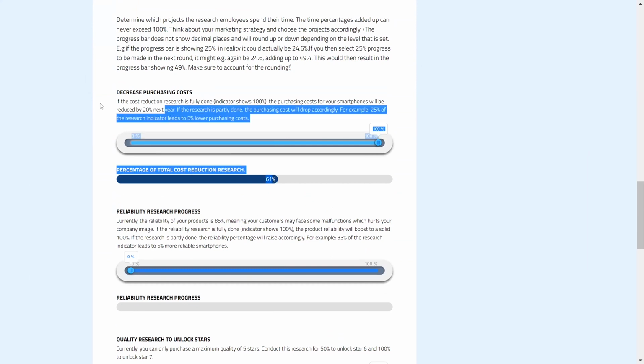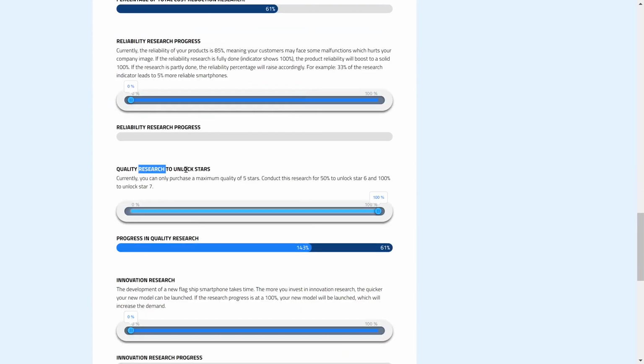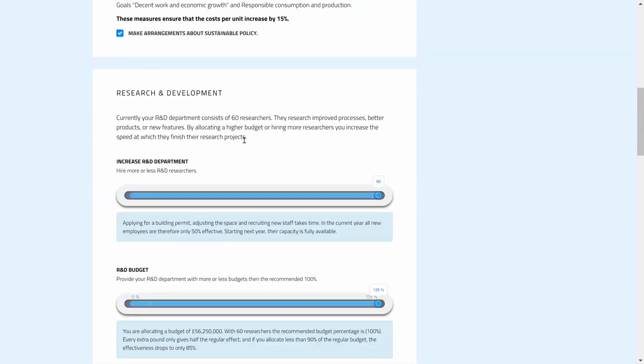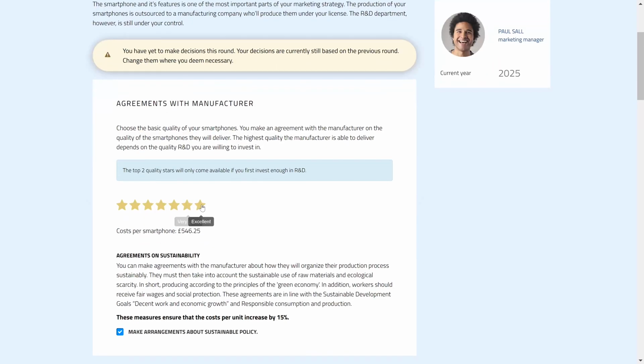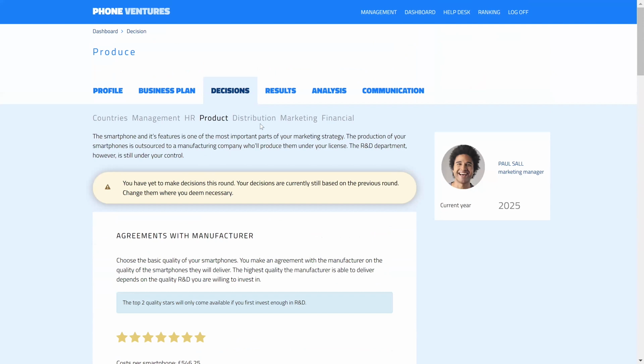And this message explains what that progress will do for my company. One of them is quality research to unlock stars. That will allow you to unlock the 6 and 7 star and deliver higher quality phones. Don't forget the save button, or you have to fill out your work again.